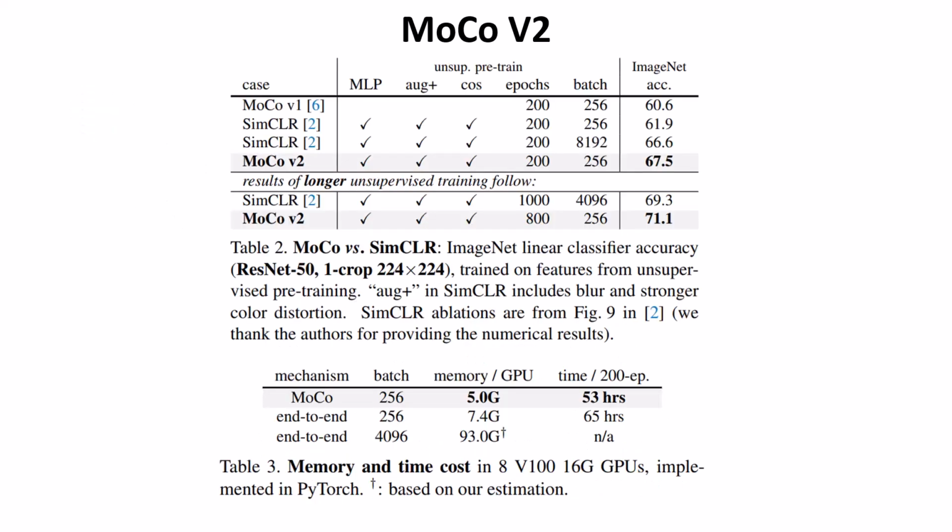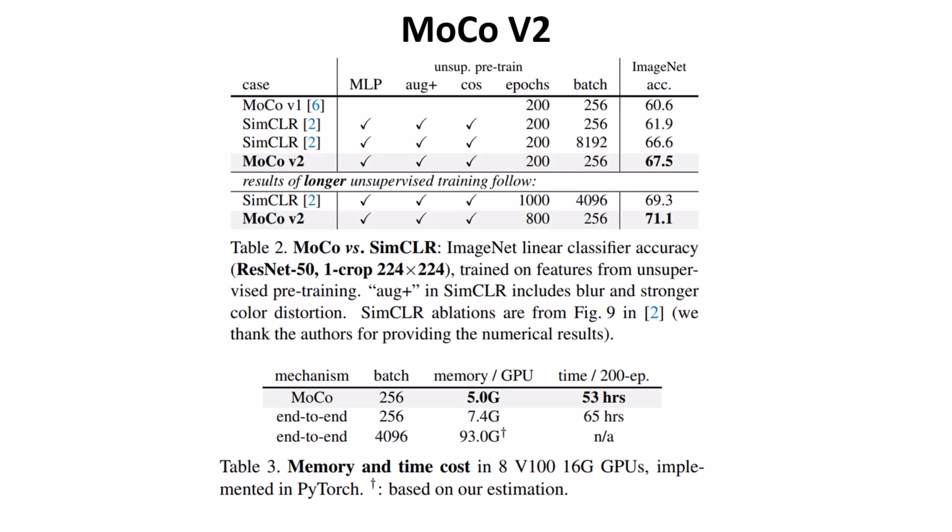And this is the comparison between MoCo, SimCLR and MoCo version 2. SimCLR was a bit better than MoCo version 1, but MoCo version 2 proves that we can use the same techniques that SimCLR provided with the method proposed in MoCo version 1 and improve it even further.